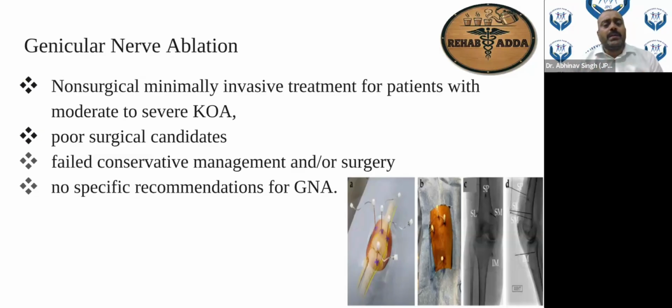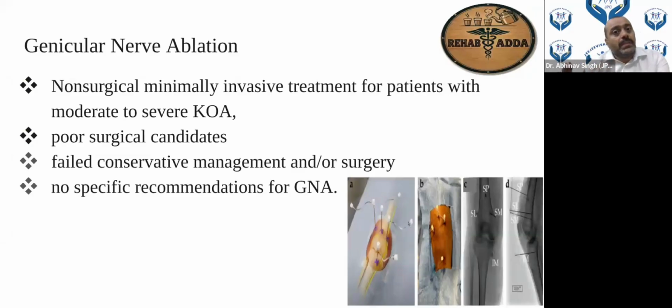Again, no specific recommendation is there on which patient to do or which patient not to do. Now, whenever you are giving a nerve ablation or radiofrequency RF ablation, the only benefit is the patient will be pain free, and for a longer duration compared to the nerve block that you are giving with steroids or steroid mixed with local anesthesia.